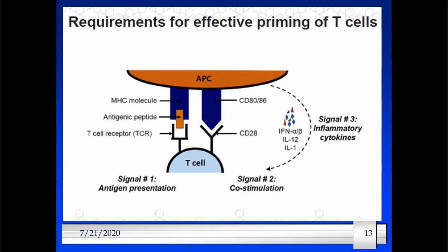First, binding of the T cell receptor with the MHC antigen peptide complex. Second, binding of CD28 with the CD86 on the dendritic cell. The third signal follows only when the first two signals are present, which is the inflammatory cytokine production and activation states, or priming states.